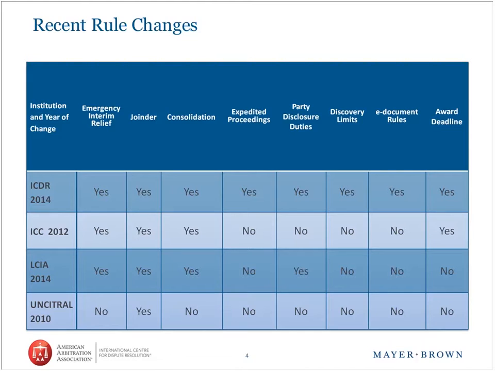2010, is really based upon an ad hoc system of arbitration. In other words, these rules are built so that if parties want to use them without an institution, they can. You'll see that there's no emergency interim relief mechanism and no consolidation mechanism. They do have a joinder mechanism if that can happen early enough in the process.